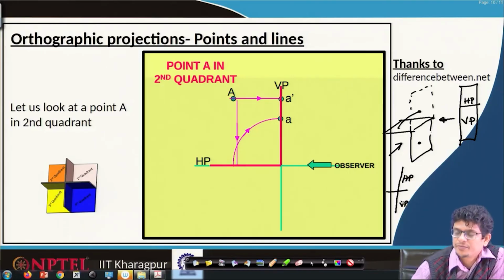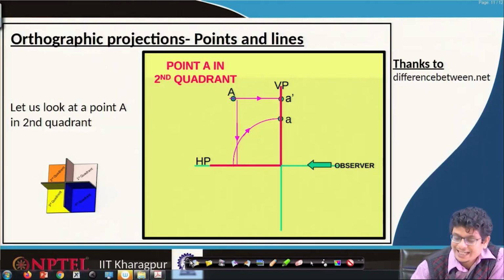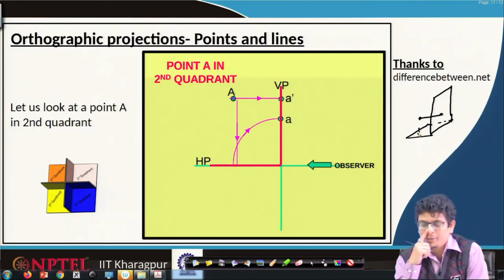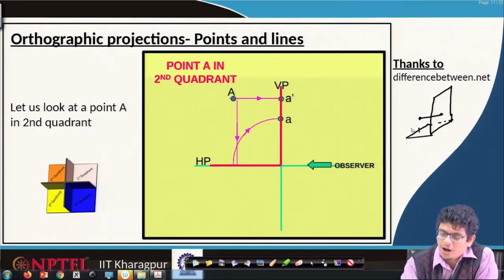the vertical plane. Similarly, if we are in the second quadrant, for example here, the vertical plane projection we always keep there, and the horizontal projections we might have in that way. Always we rotate any horizontal plane in the clockwise direction by 90 degrees.